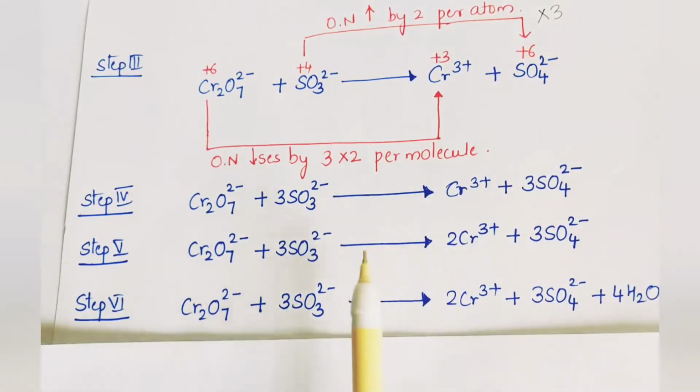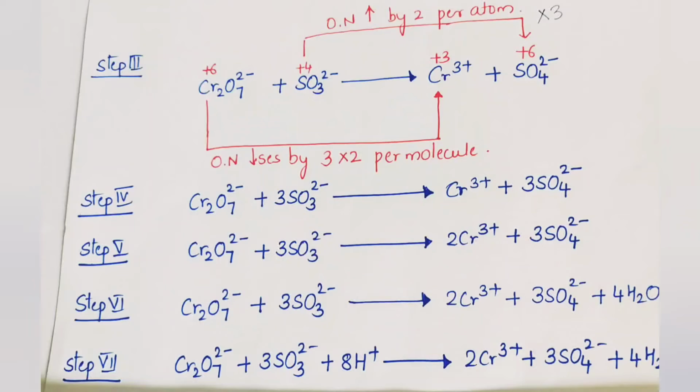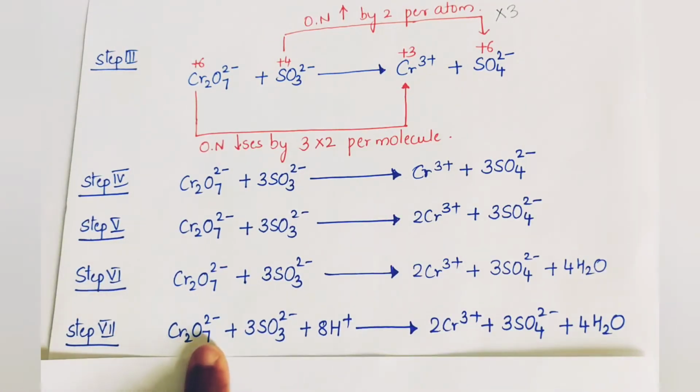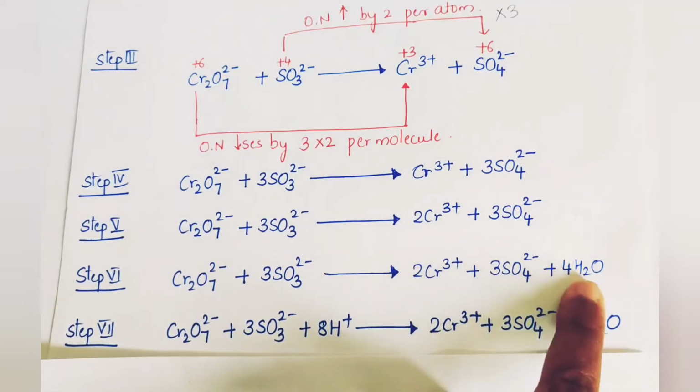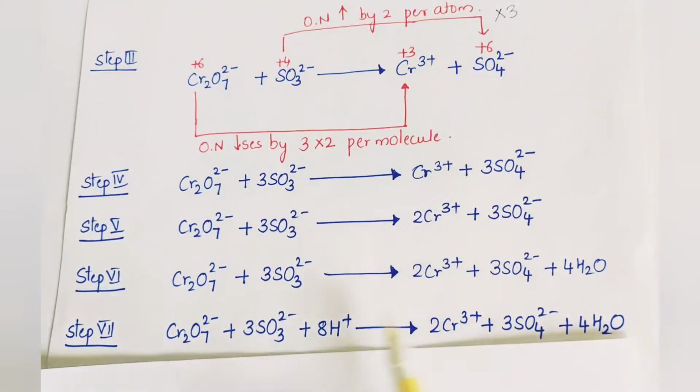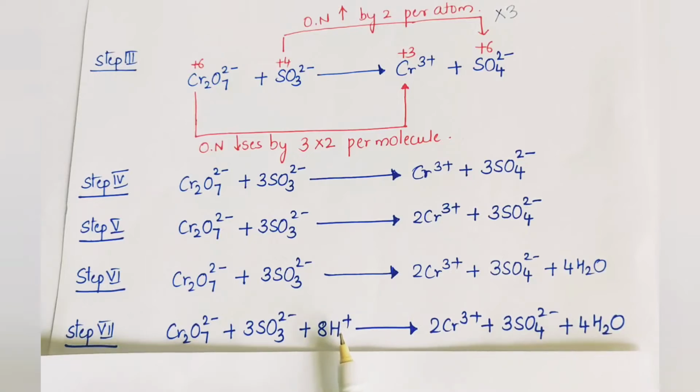Finally, you are supposed to balance the hydrogen. To balance the hydrogen, you check the medium. Here the medium is acidic, correct? Here, if you consider hydrogens, 4 2's are 8 hydrogens. On the deficient side you add hydrogen atoms. Since this is acidic medium, I am not adding OH- on the other side.